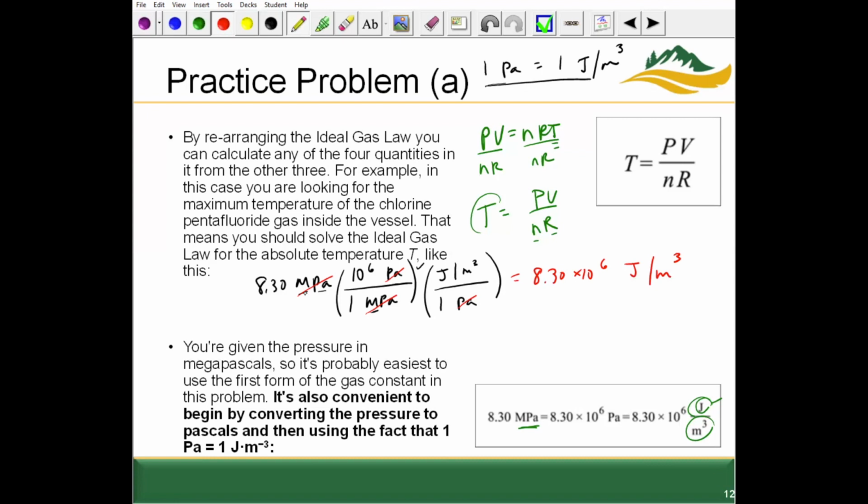We needed to get rid of mega here, and then we converted pascals into a joule per meter cubed. Remember, pressure is just a force applied over some area. Now this is in joules per meter cubed, so not quite Newton per meter squared, but we saw how these units do connect. So this is our pressure term.